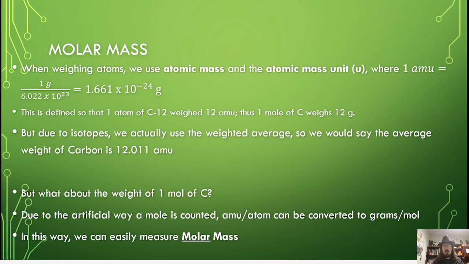And with that in mind, since the weight of 1 gram would essentially be millions of billions times bigger than a single molecule, we find it easier to use what's called an atomic mass unit, an AMU.